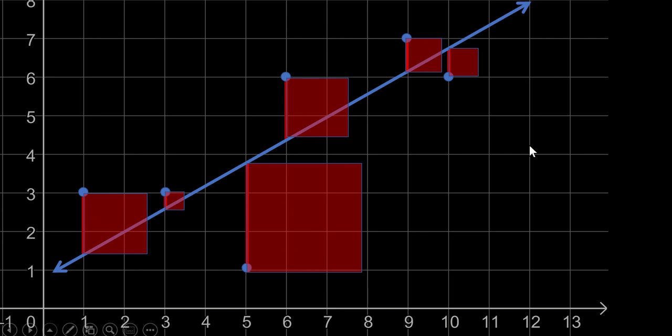Now these squares are resistant to being positive and negative, and in order to find the line of best fit, we're going to be looking at the way to minimize the area of all these squares added together. So we'll call that the least squares regression line, the line that minimizes the sum of the squared errors, and that will be the line that we're going to use moving forward.